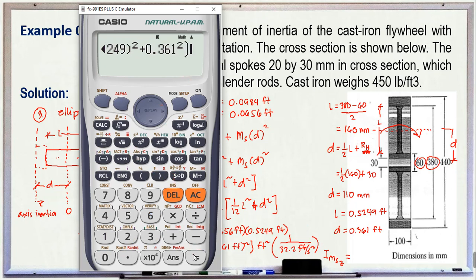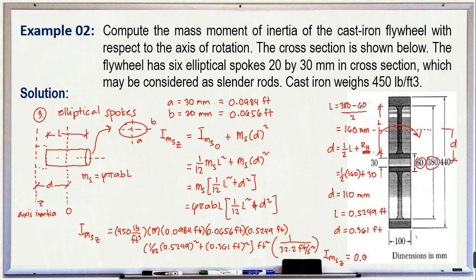Then we divide by 32.2. So we have 0.023 pound-foot second squared. This is for our spoke.